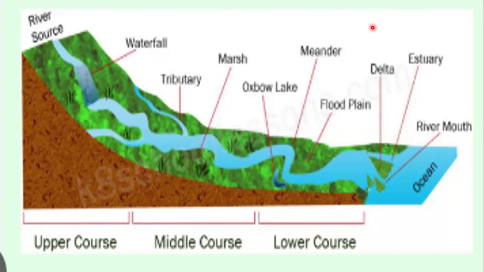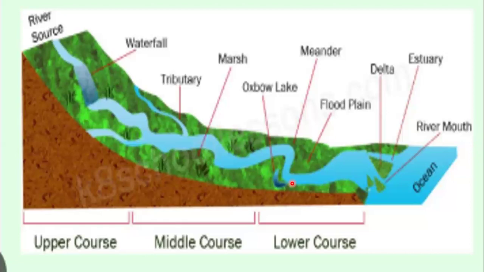When a river reaches its lower course, the slope of the river bed is very gentle and the velocity of the river water is slow. Why?